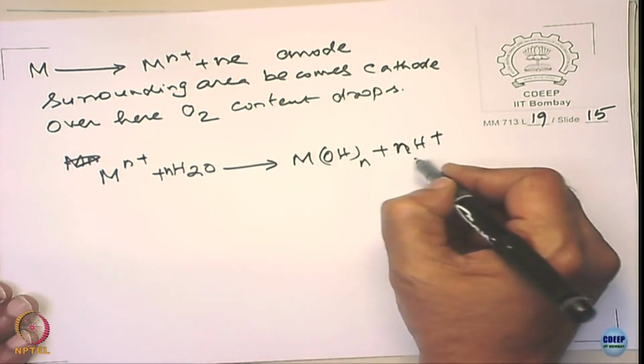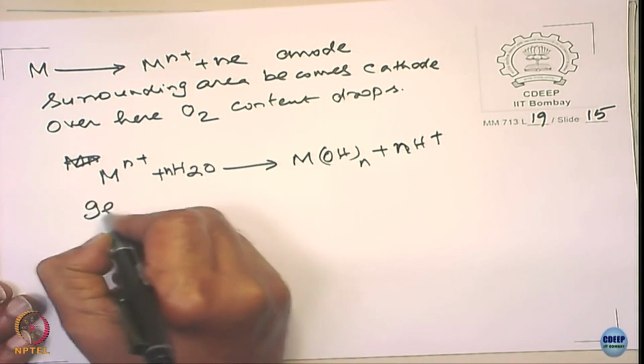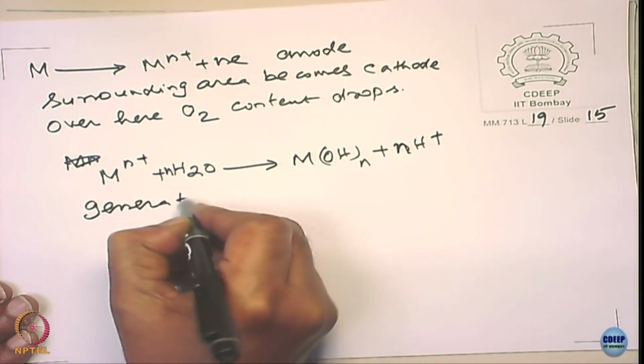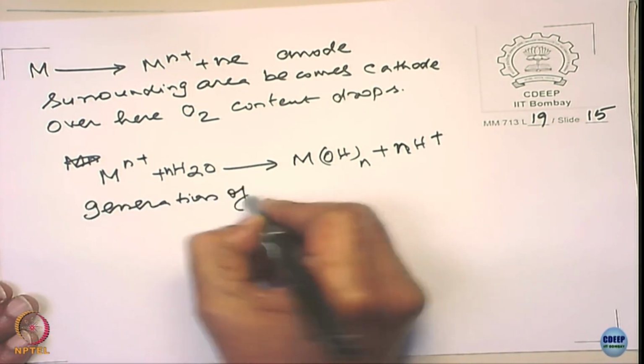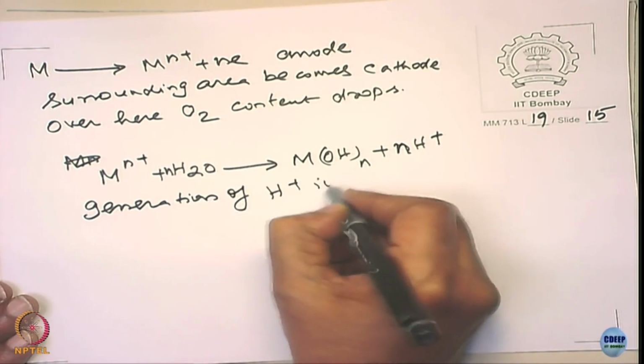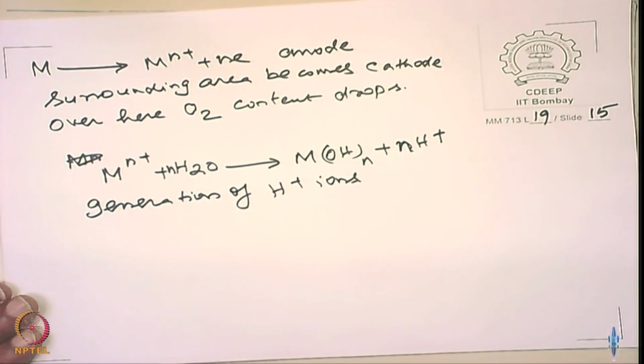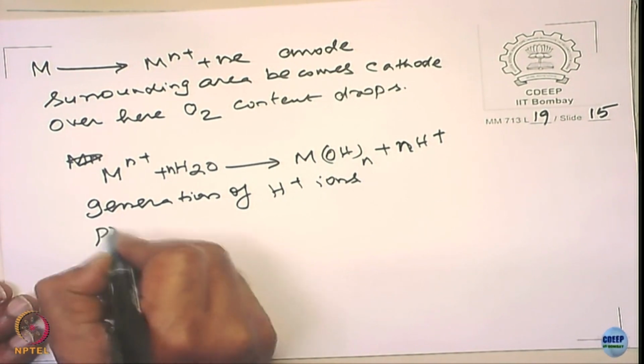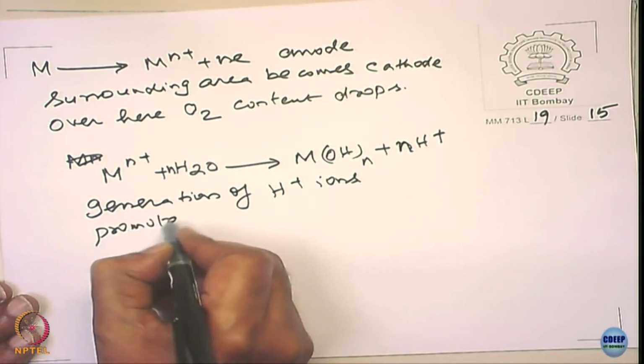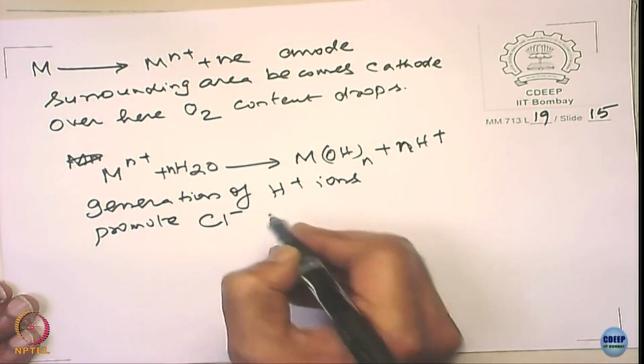You have the generation of H+ ions. So this is also going to promote chloride ion migration.